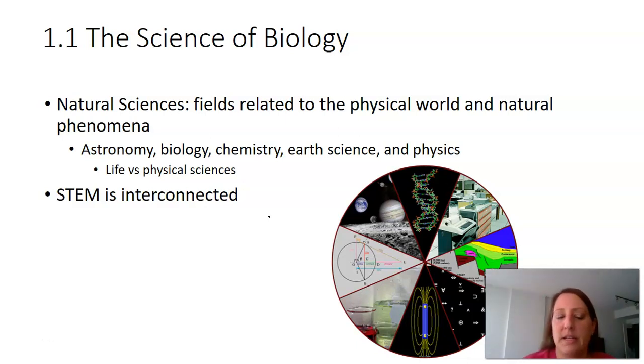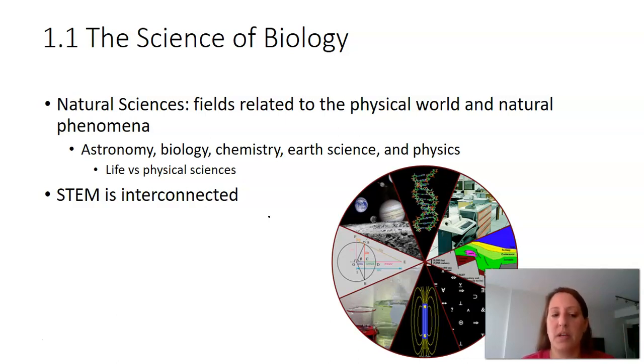Okay, so that brings us to the natural sciences. So the natural sciences are going to be fields of science that are related to the physical world and natural phenomena. So there's a whole group of sciences that belong to the natural sciences, and biology is included in there. What else is included? Astronomy, chemistry, the earth sciences, and physics. Okay? All of those are included in the natural sciences.